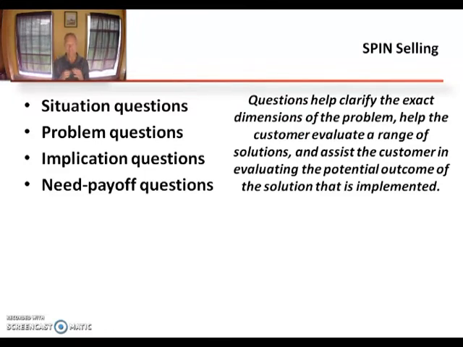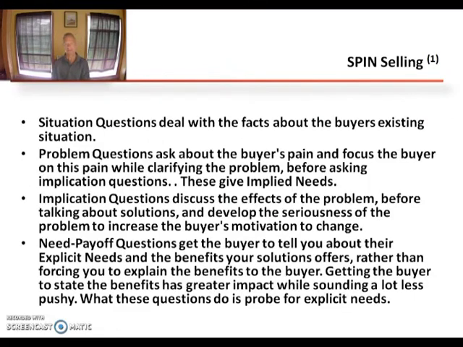But during the needs discovery process, we use the SPIN selling methodology. SPIN stands for situation, problem, implication, and need payoff. We are going to go over the next 4 slides, each one of these, and then we are going to practice when we get together on Monday night.